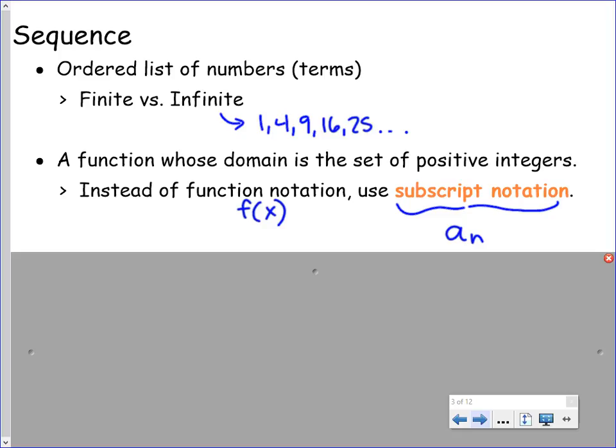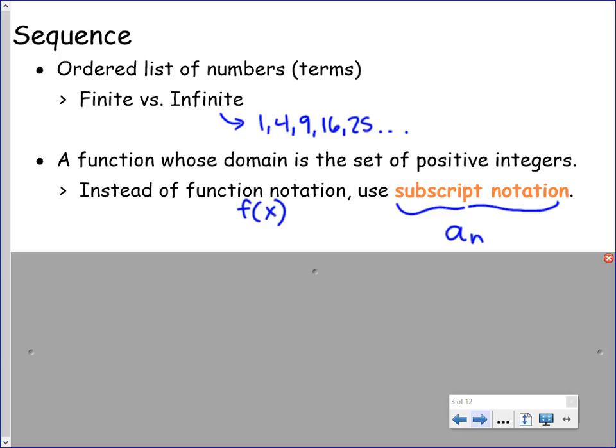Why we use A, I'm not particularly sure. You could use any letter that you wanted. And then we usually say A sub n. So A sub n would be the output, just like f of x is the output in a function. f of x is a fancy way to write y. A sub n is also a fancy way to write y.